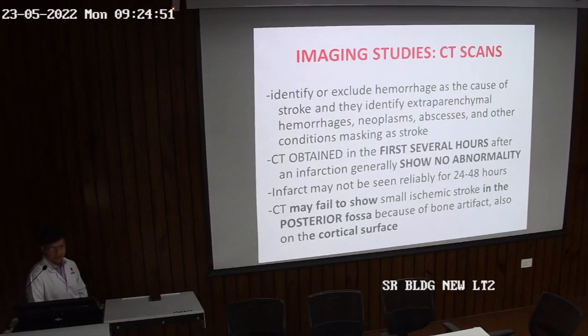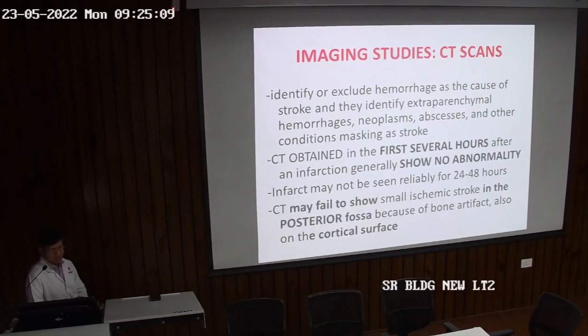So first we go for the CT scan. It identifies or excludes hemorrhage as the cause of stroke, and identifies extraparenchymal hemorrhages, neoplasm, abscess, and other conditions masking as stroke. A CT scan obtained in the first several hours after an infarction generally shows no abnormality.